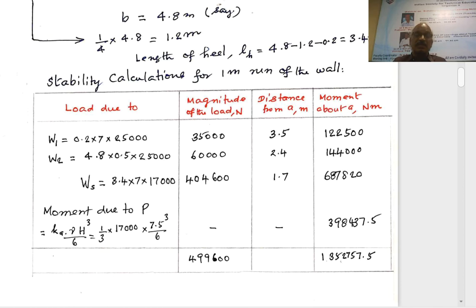So that will not cause any vertical load. So it is lateral earth pressure acting at H by 3 from the base. So H is 7.5, capital H, because we are checking the stability of the entire height of the wall. So that gives the total pressure, the total vertical force and the total moment.